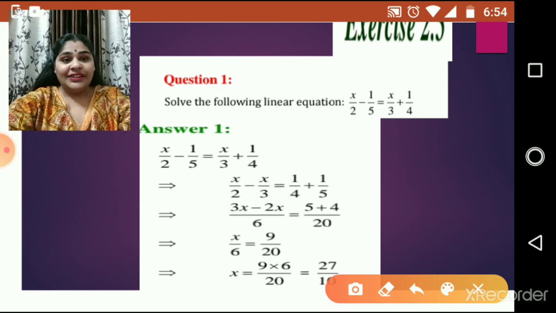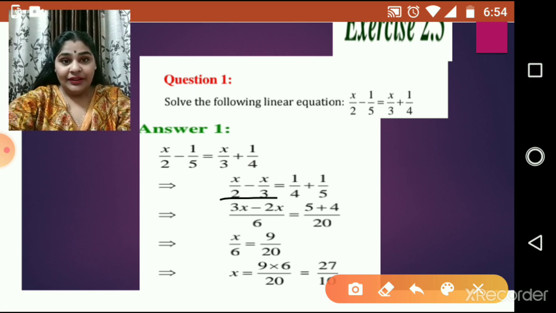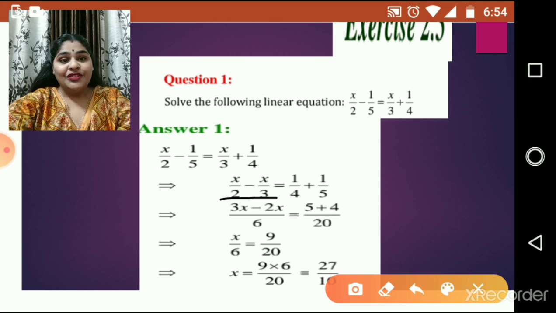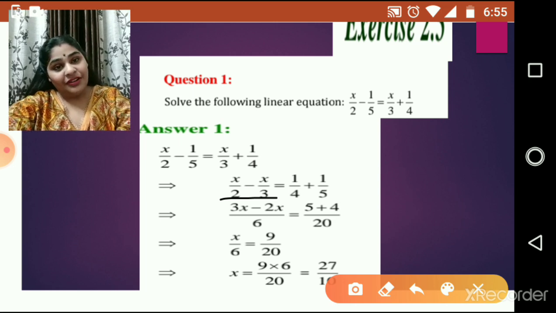Now you can see, children, the fractions over here, and we have already studied that only like fractions can be added or subtracted. To convert them into like fractions we take the LCM, or if only two terms are there you can cross multiply.